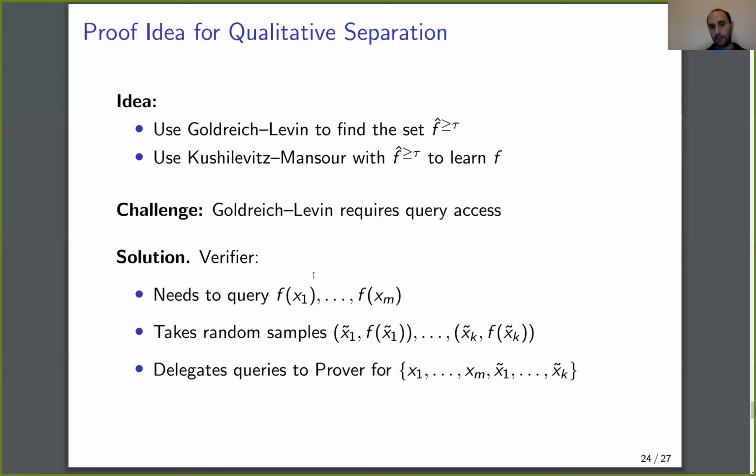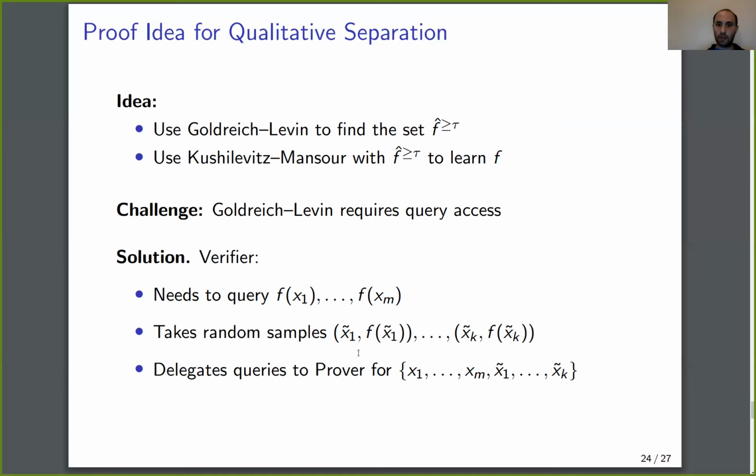It's going to take some additional random samples, x tilde 1, x tilde 2, and so on, from the distribution, because it does have random sample access. And each of these random samples comes with the correct label, f of x tilde 1, and so on. And then the verifier is going to delegate the queries that it needs to the prover.